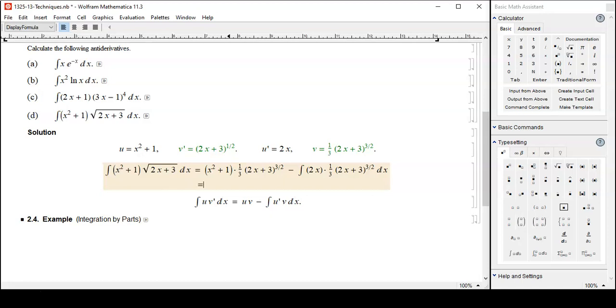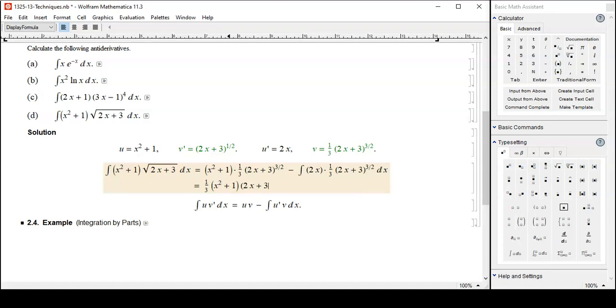Let's have a little bit of simplification because things are too complicated here. So let's take a bit of a break. We have (x squared plus 1) times (2x plus 3) to the 3/2 power. And then this integral becomes 2/3 x times (2x plus 3) to the 3/2 power.